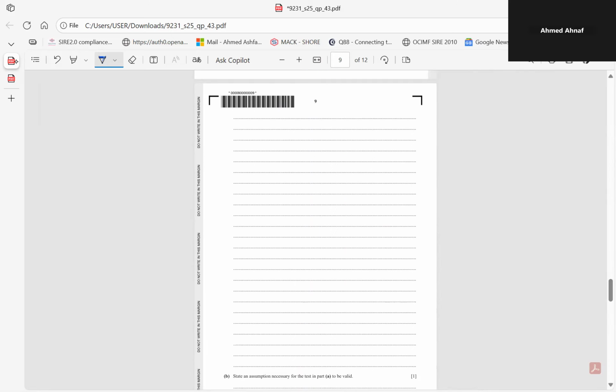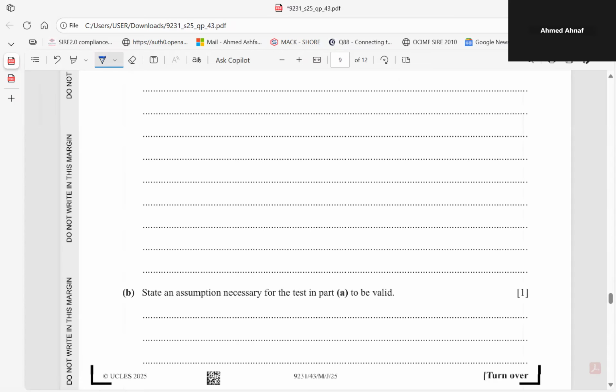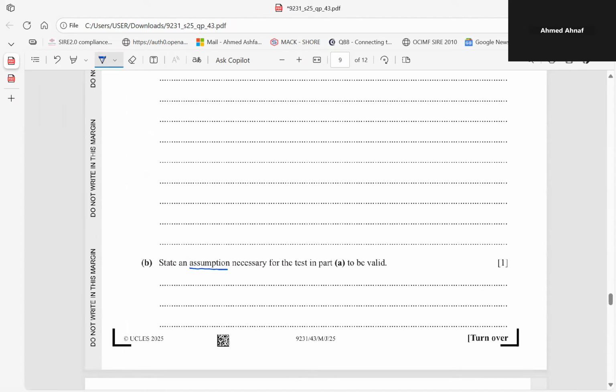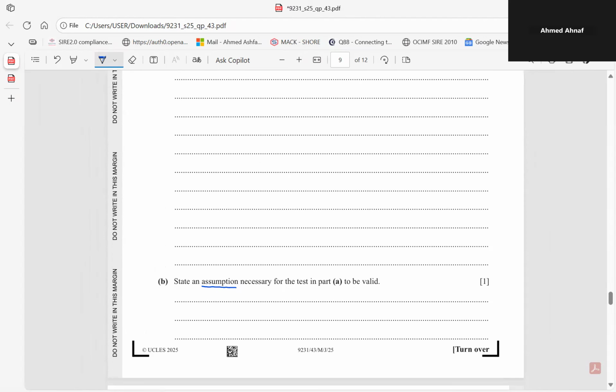Oh shoot, sorry. Let's head on to the last part. For this last part, we have to state an assumption necessary for the test in part A to be valid. Basically, what they're asking for is one of the conditions that the data needs to fulfill if you want to use the test.